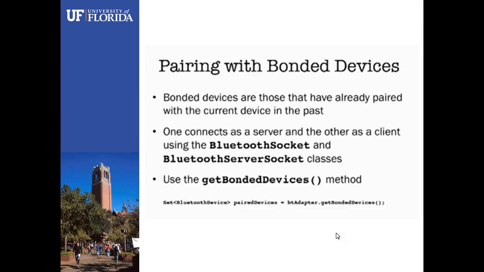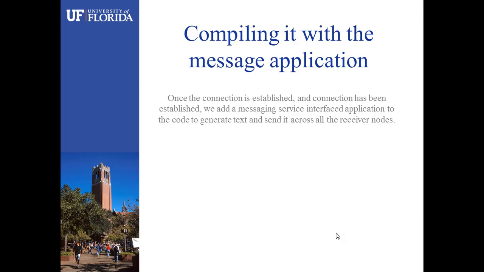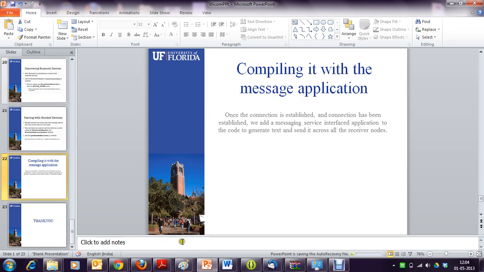Now, after this whole process of Bluetooth connection is taken care of, it goes to the next level, wherein we are actually designing an application that compiles the message broadcasting application with the Bluetooth connectivity application. And let's see how it is.